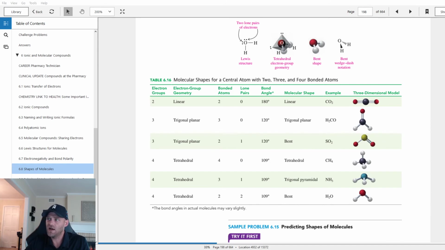So you could do it either way, right? You could look for the number of lone pairs, or you could look for the number of bonded atoms. And I find out that my molecular shape is bent. Okay, so now let's talk about why that is, and let me show you one of my little models here.